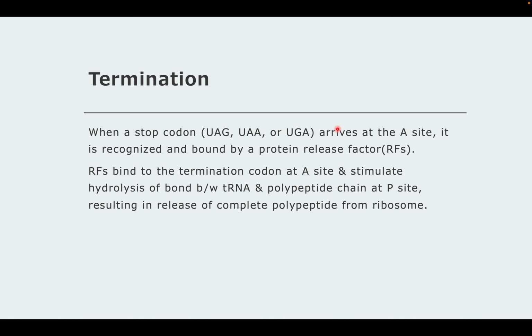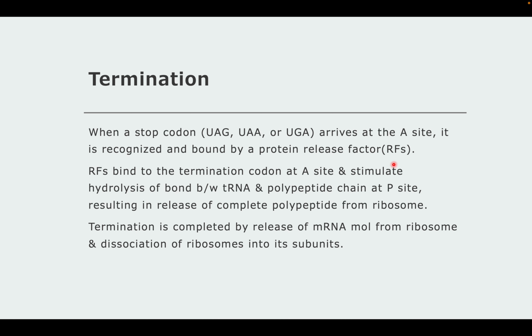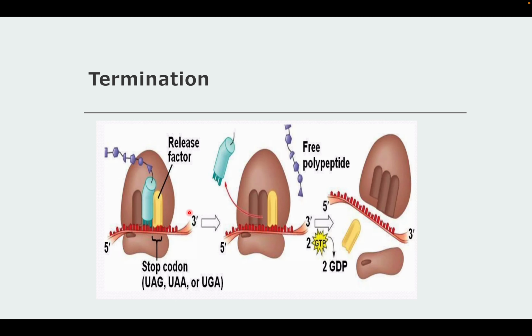So what does the release factor do? They bind to the termination codon at the A site and stimulate hydrolysis, breaking the bond between the tRNA and the polypeptide chain, and then they both are released, and the mRNA molecule is also released, and the two subunits get separated.